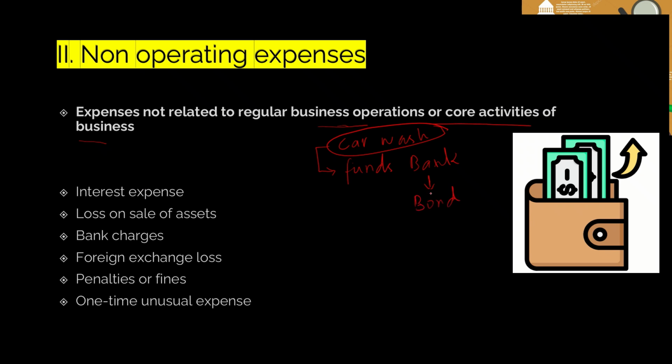Half of his money in the bond, and half of money in the stocks through a stock exchange, for example, through Pakistan Stock Exchange PSX. Now he is earning two things. Okay, he is earning monthly interest from the bonds, and he is earning, for example, yearly dividend.